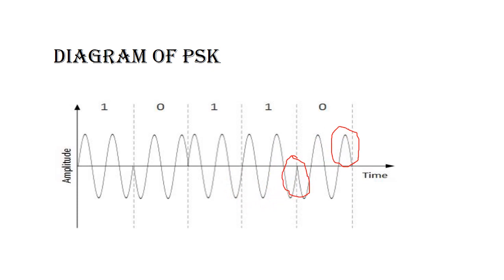Okay, so as soon as the new binary digit is encountered, I mean either it is 1, there is a different phase, or it is a 0, there is a different phase. So in this PSK, phase of the signal is changed and amplitude and frequency of the signal will remain unchanged.